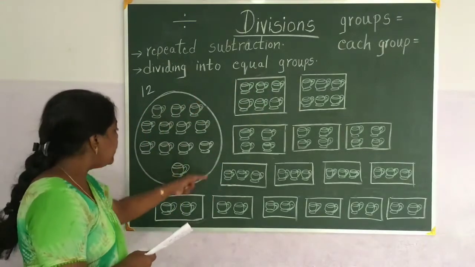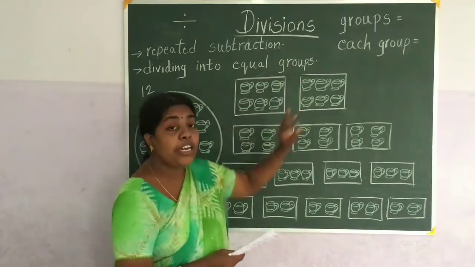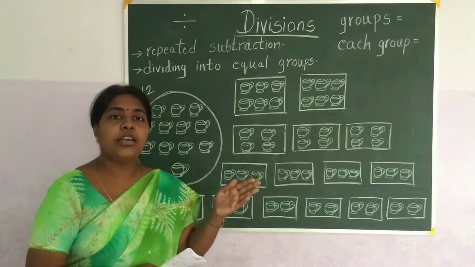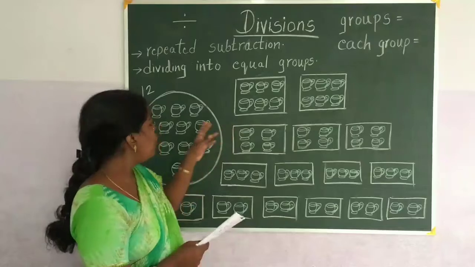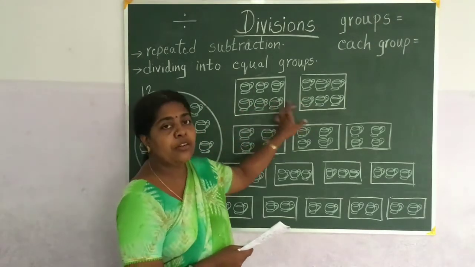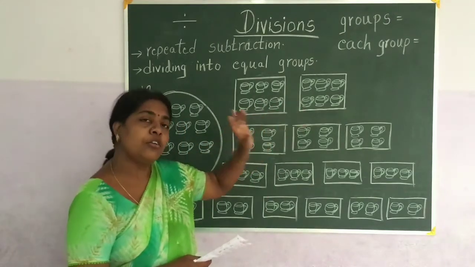Here the total 12 cups I divided equally. Division means dividing equally. So here the total 12 cups I kept in two groups. How many groups are here? 2.